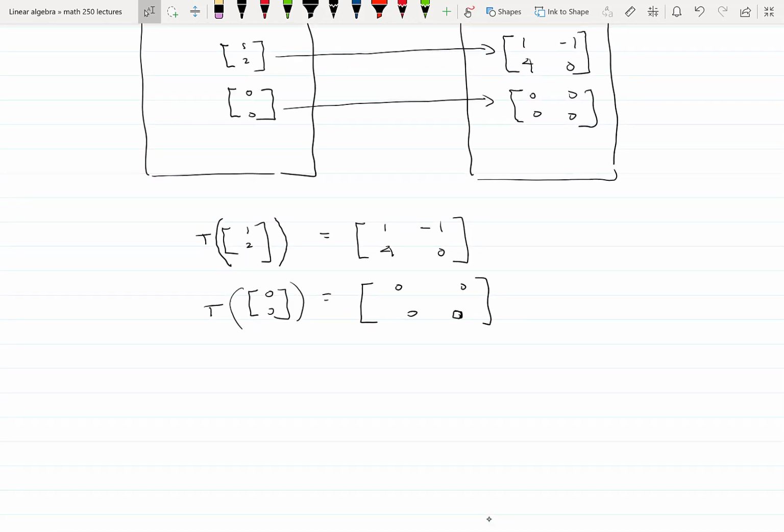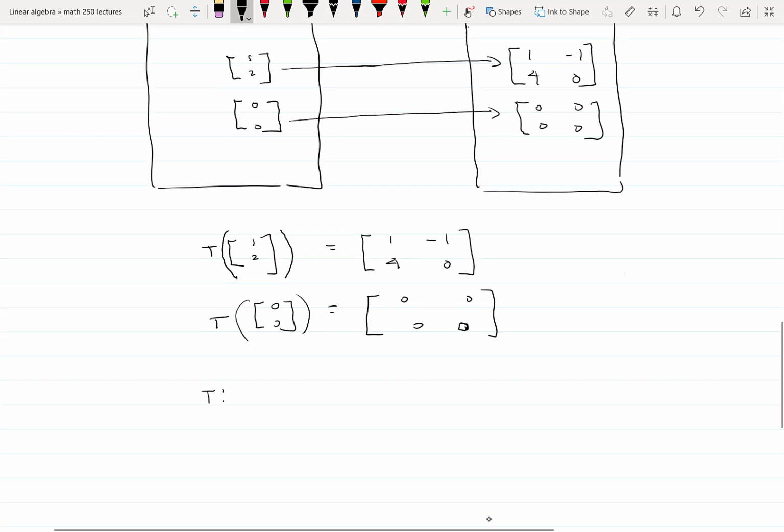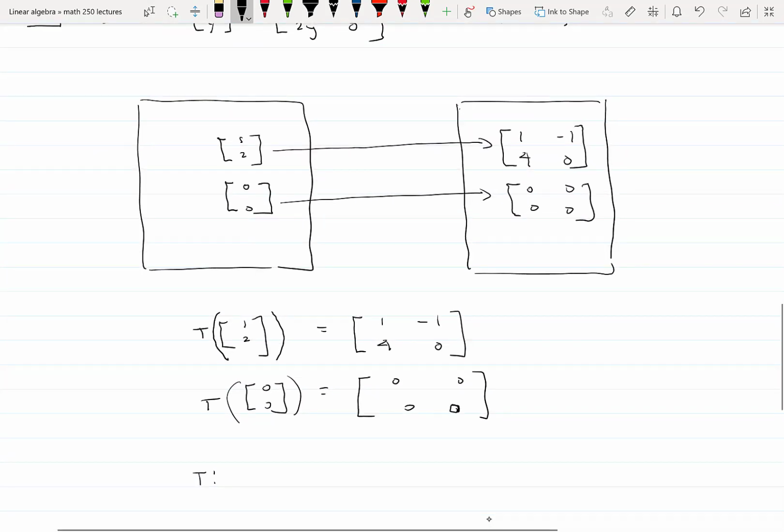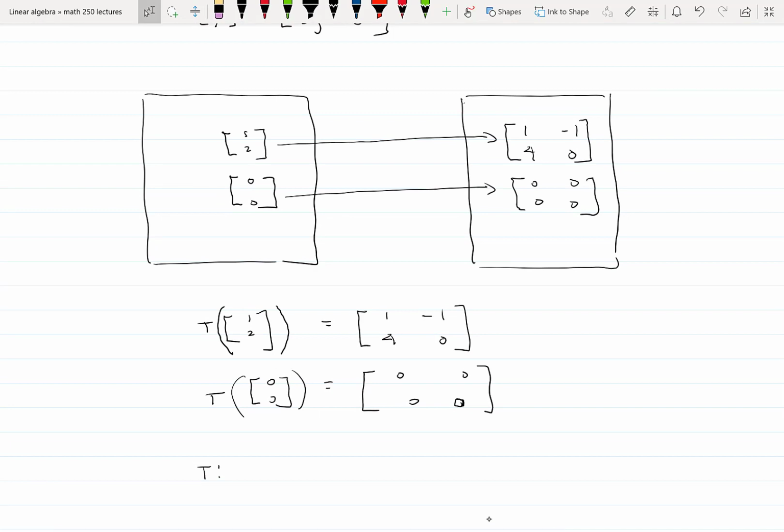So did you think about what this linear transformation is doing? It's taking elements from where? It's taking elements from R2, the xy plane, if you want to view elements as column vectors, and turning them into what?